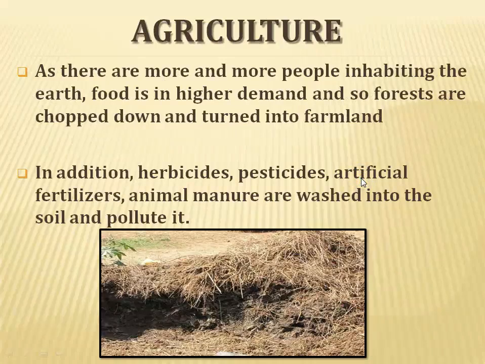Then agriculture. As there are more and more people inhabiting the earth, food is in higher demand, and so forests are chopped down and turned into farmland. So making land for agriculture is one kind of pollution. In addition, herbicides, pesticides, chemical artificial fertilizers, chemical manures and animal manures are washed into the soil and pollute it.